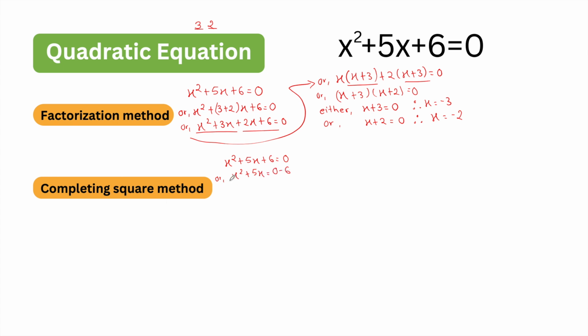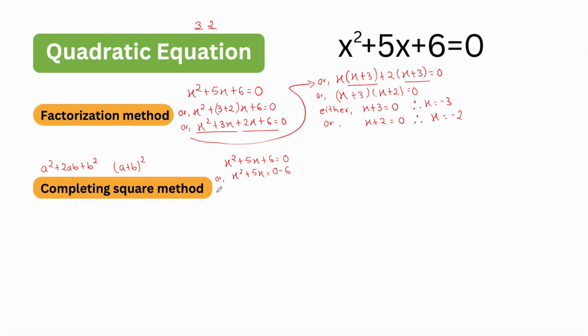Now we will make this equation in such a way that it looks like a square plus 2ab plus b square, and we will write it as (a plus b) whole square.